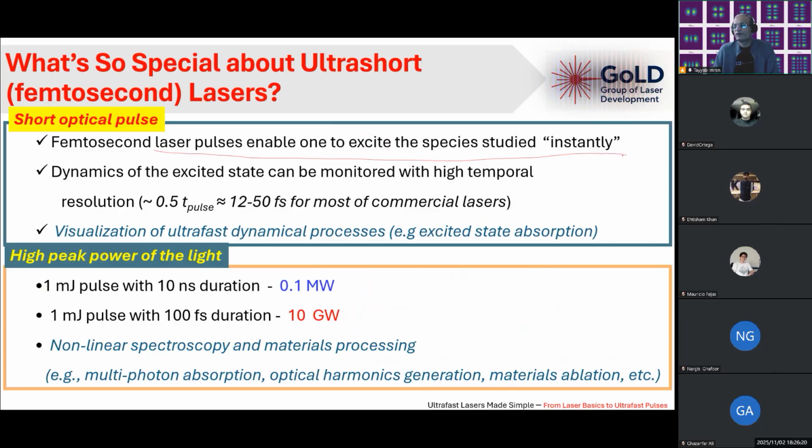We call this femtochemistry, one of the many applications. The dynamics of the excited state can be monitored with higher temporal resolution, that is 12 to 15 femtoseconds.